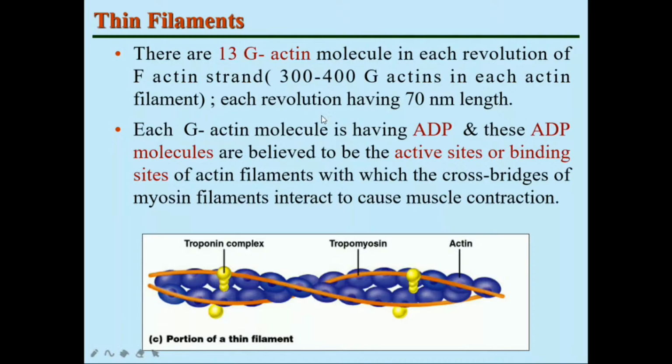Each G-actin molecule has ADP, and these ADP molecules are believed to be the active sites or the binding sites of actin filaments with which the cross bridges of myosin filaments interact to cause muscle contraction.